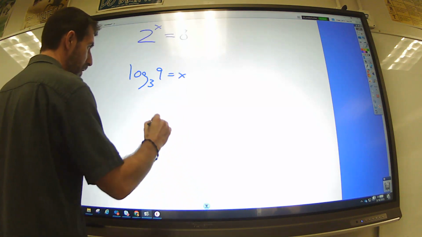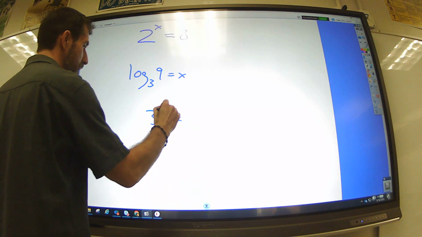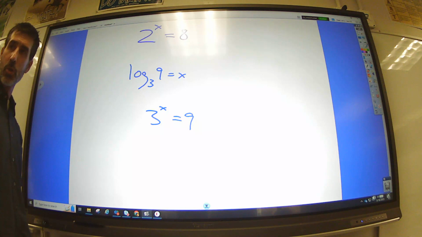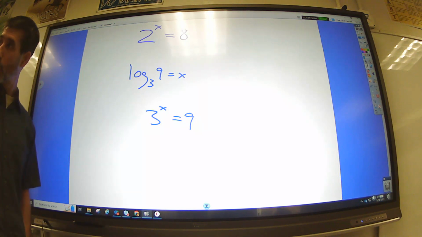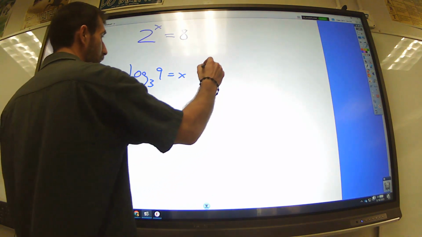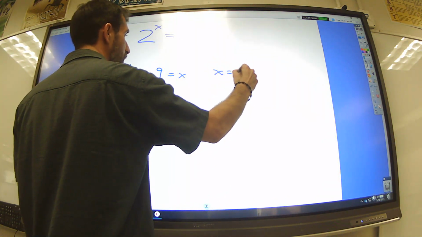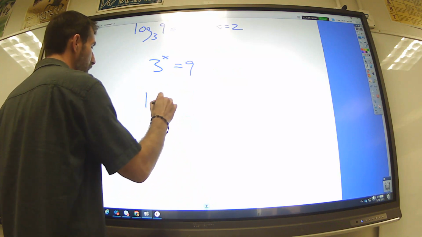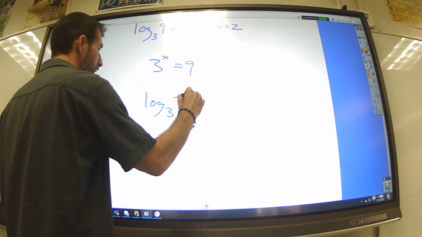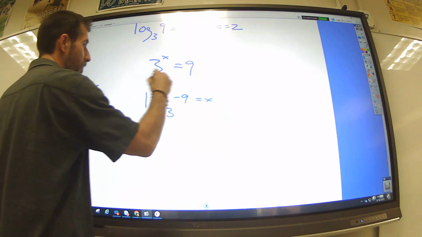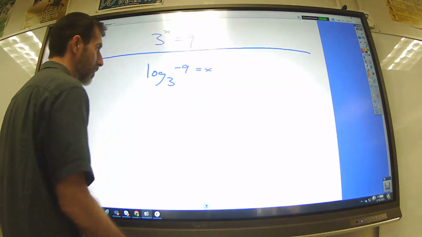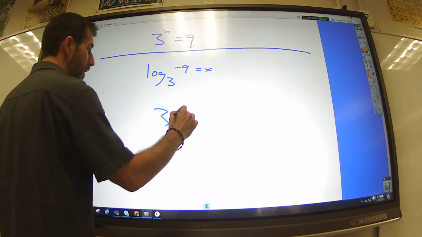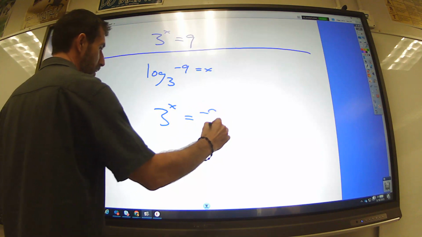Now, let's do this. Log base 3 of negative 9. Let's solve it, shall we? Okay, what can x equal in order for that to be negative 9? I heard two answers. Let's explore the first answer I heard, which was negative 2. What is 3 to the negative 2?